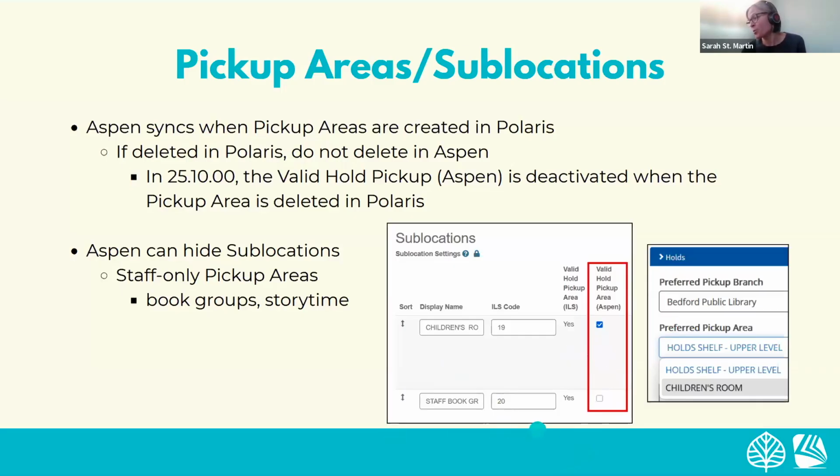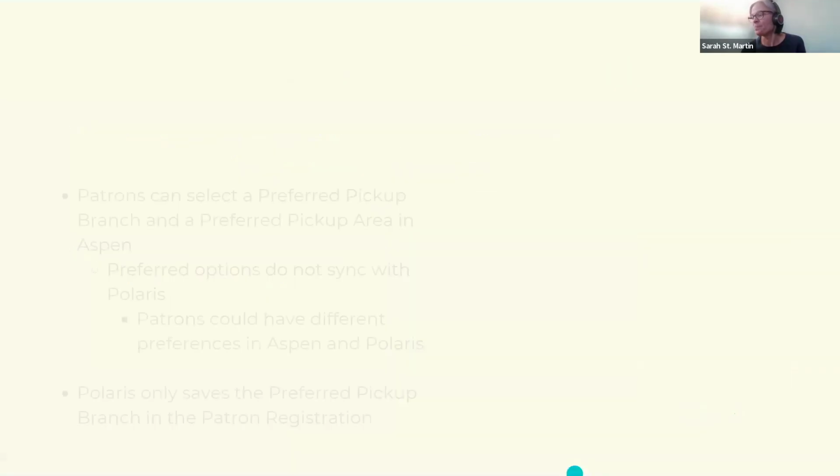But this staff book group, they want this to only be for their staff. So we unchecked this box here. And now if you were to place a hold in Aspen, only their two valid ones show up and not this staff only one. So it really allows for some flexibility for staff to have a lot more options for themselves that the patrons don't see.